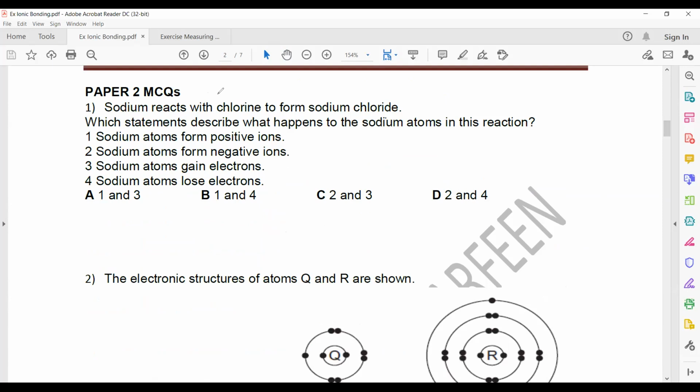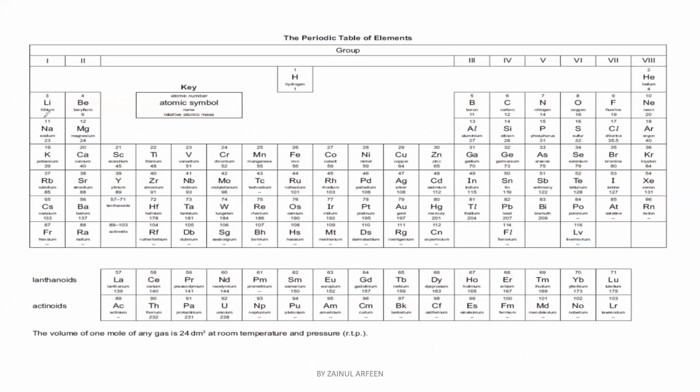So when sodium reacts with chlorine, we check the periodic table. You will find the position of sodium in group 1, so sodium is a metal.